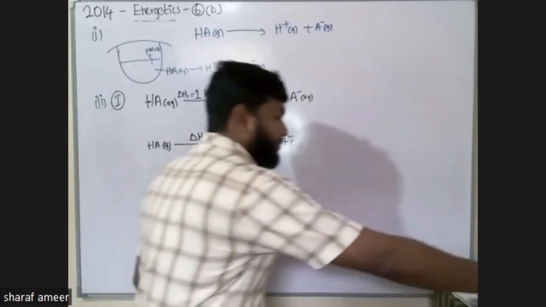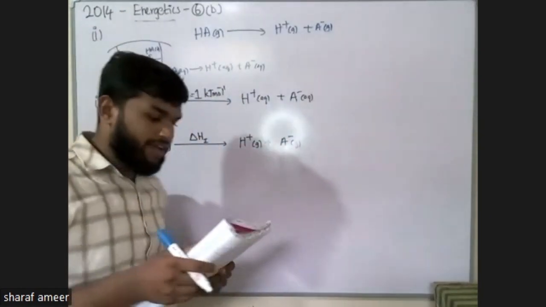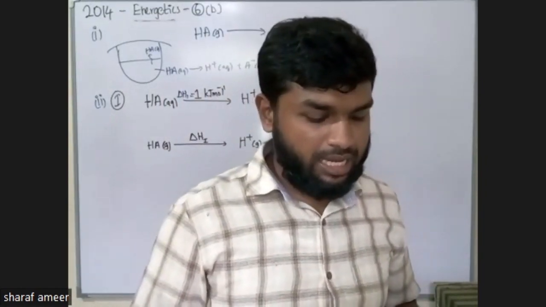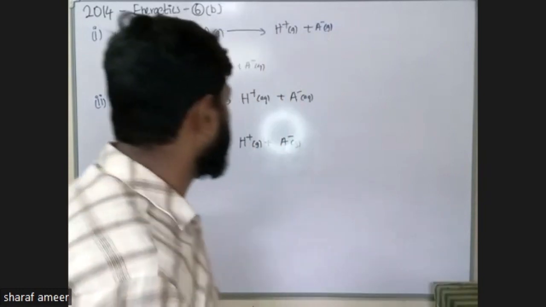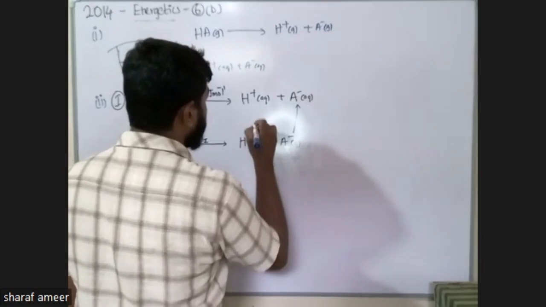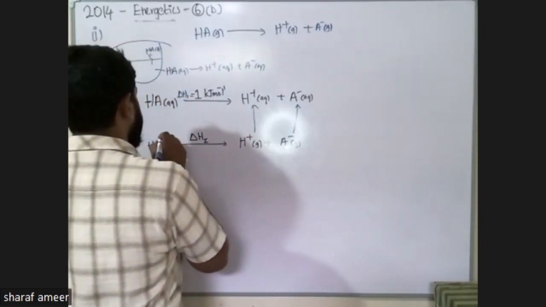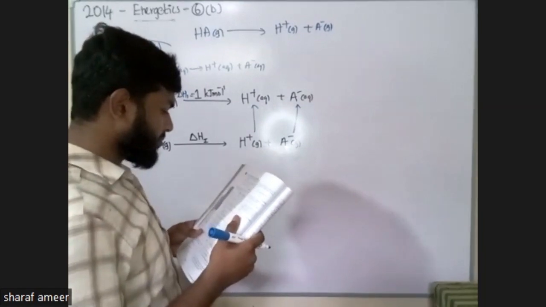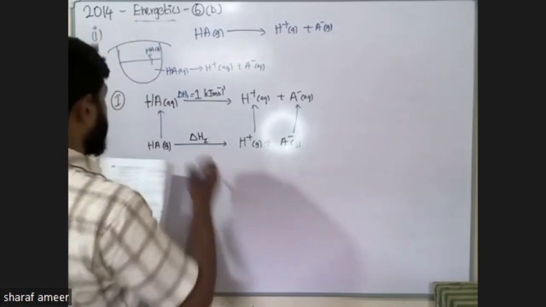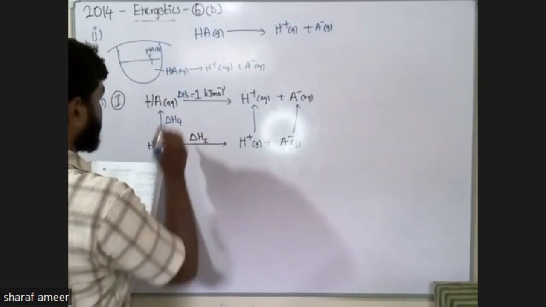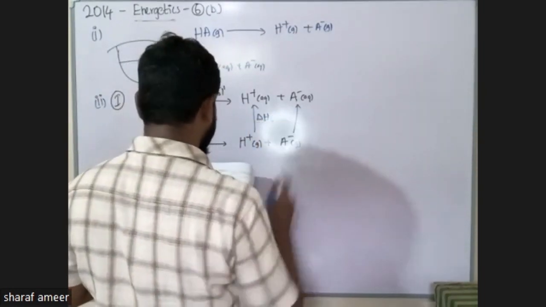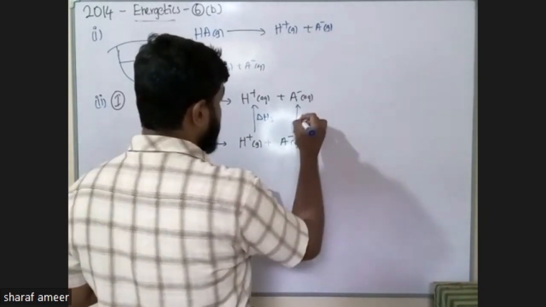Now see here, they have given the enthalpy change for A minus, anion gas to aqueous. So gas to aqueous they have given enthalpy. Same way for this, and same way for this. So this one is delta H4, this one is delta H3, and finally this one is delta H2.